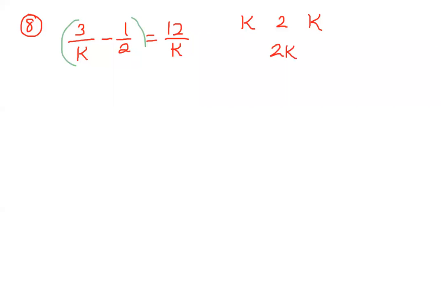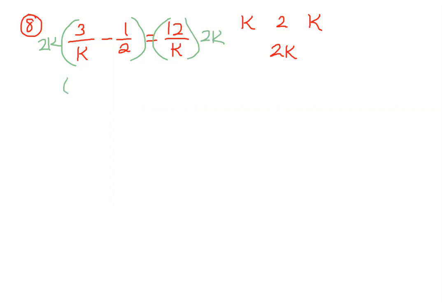We have 3 over k minus 1/2 equals 12 over k. So we're going to look at all our denominators. Our denominators are k, 2, and k, and the common denominator there is going to be 2k. So we're going to multiply this side by 2k and this side by 2k.